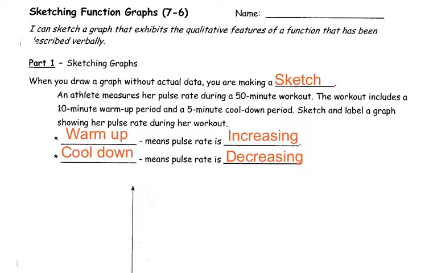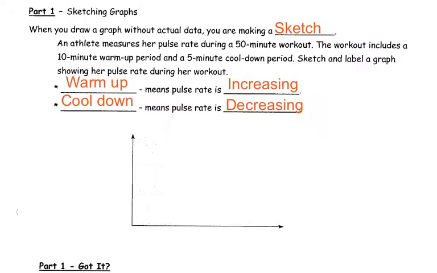Okay, so now let's go to the graph, and first of all we need to label our x and y axis. So our x-axis is going to be time, and our y-axis is going to be her pulse rate, or heart rate. Since we don't have her actual pulse rate or her heart rate given, that is why this is just going to be a sketch.